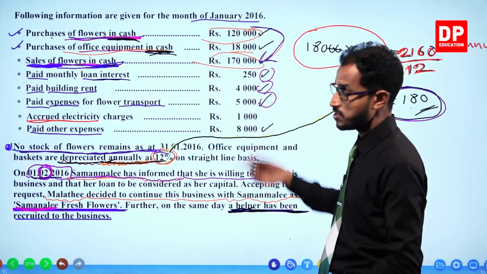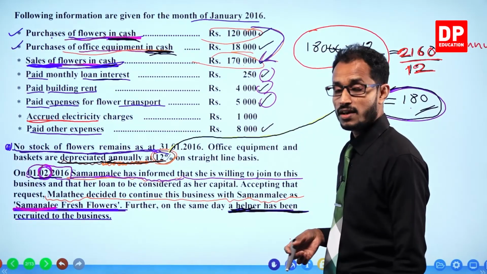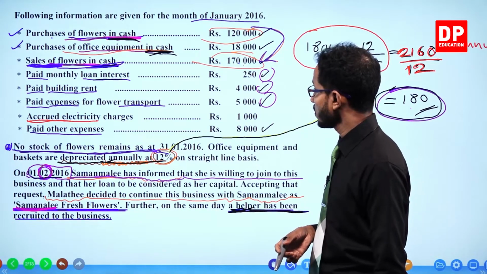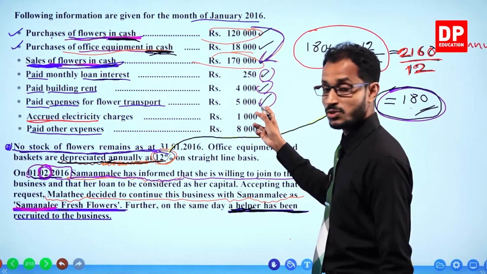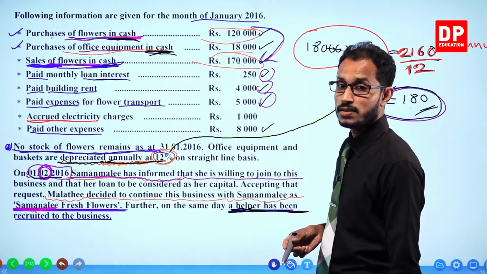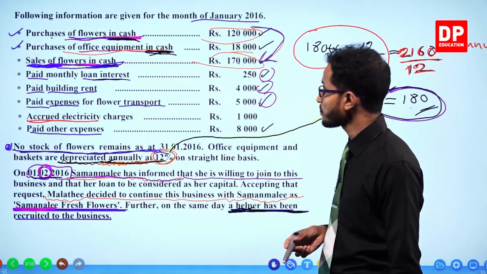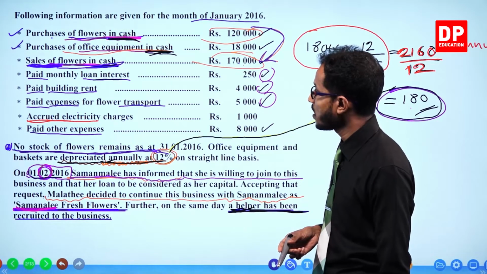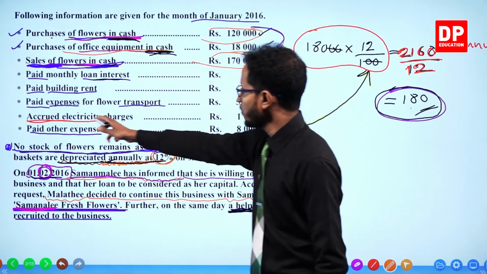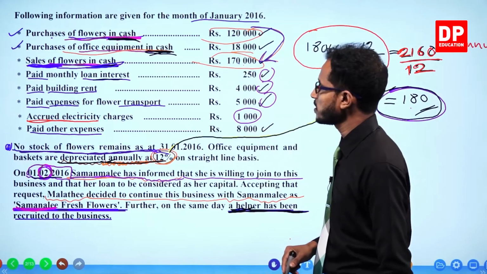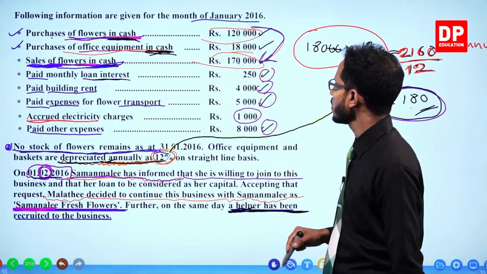This should be added to the cost of sales. All right, it doesn't matter. Have to take it. Accrued electricity charges have to take it. Other expenses have to take it, right?